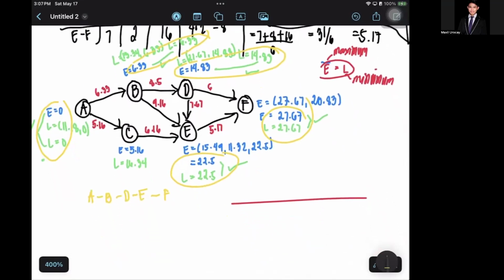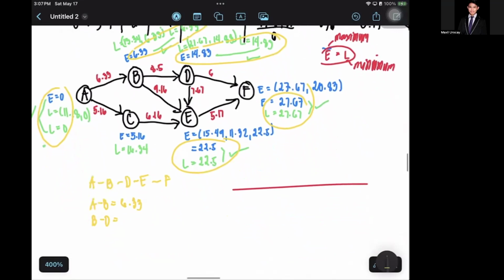And if you calculate the critical path, A to B, the value is 6.33. Then B to D, you have to calculate that one, 8.5. D to E is 7.67.